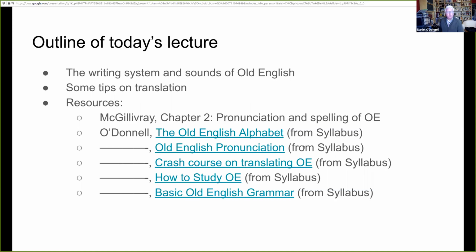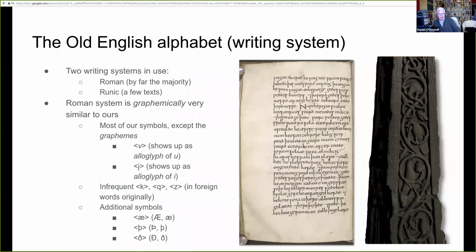So today we're going to talk about the Old English alphabet first, and it kind of raises an interesting theoretical problem almost right away, the way it's presented also in your chapter. And that is that we're talking about a writing system and we're talking about sounds, and the question is, well, how do they relate to each other?